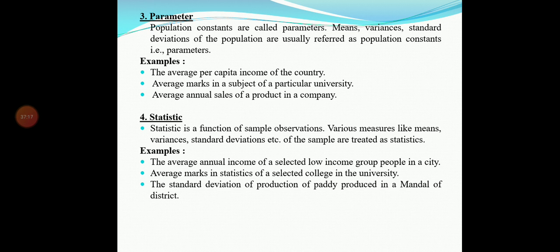Population constants are called parameters, and a statistic is nothing but a function of sample observations. So these are two more definitions, parameter and statistic. I repeat again, parameter relates to population, statistic relates to sample.